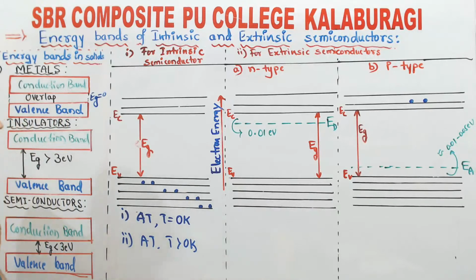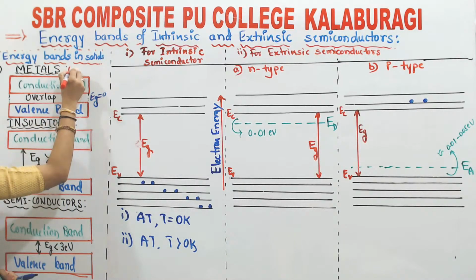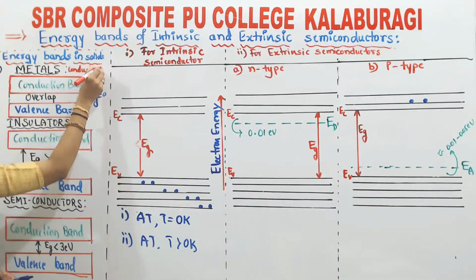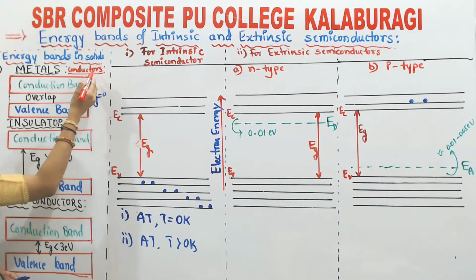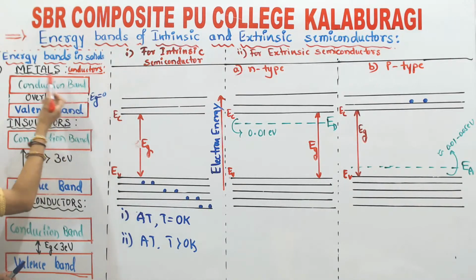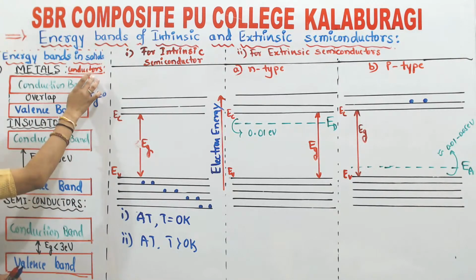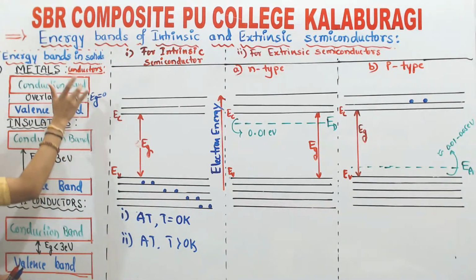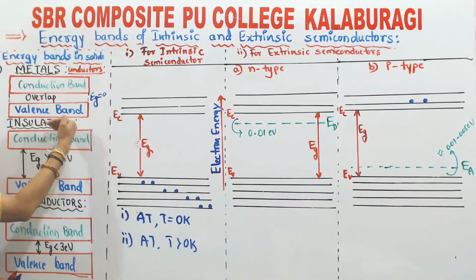Such types of materials are called metals. You can give one more term to it: conductors. All metals are conductors, so if you call them conductors, it is also right. Usually in conductors, the valence band and the conduction band overlap so that there is no energy gap.